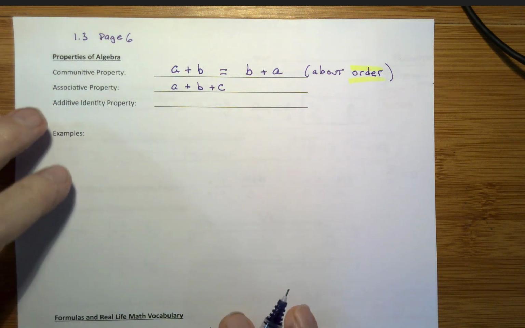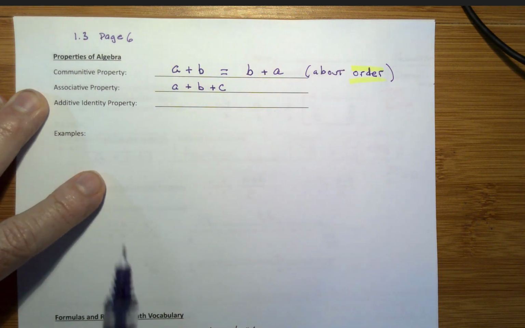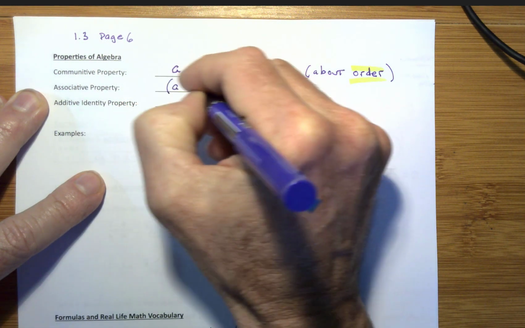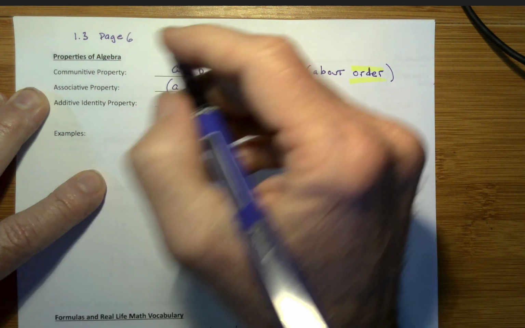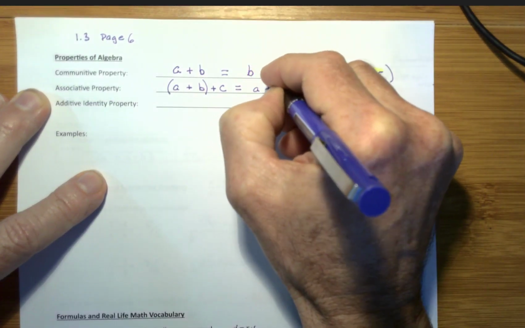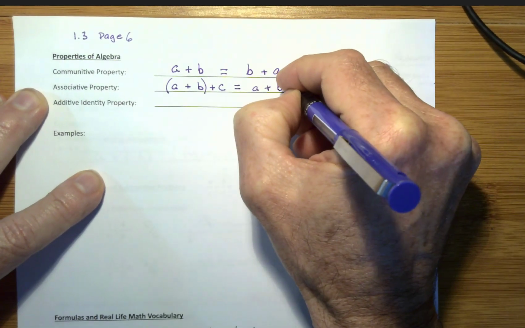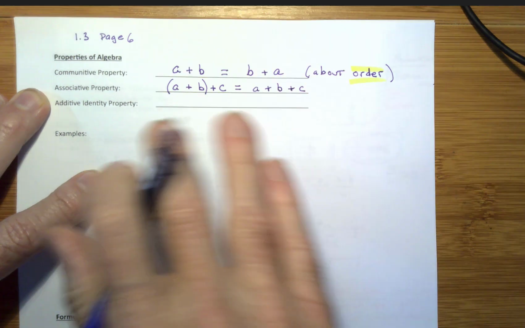So the associative law or associative property says if I group A and B, that means A and B are added first. But the associative law says, now notice the order is the same. It's A, B, and C, A, B, and C. I haven't changed the order.